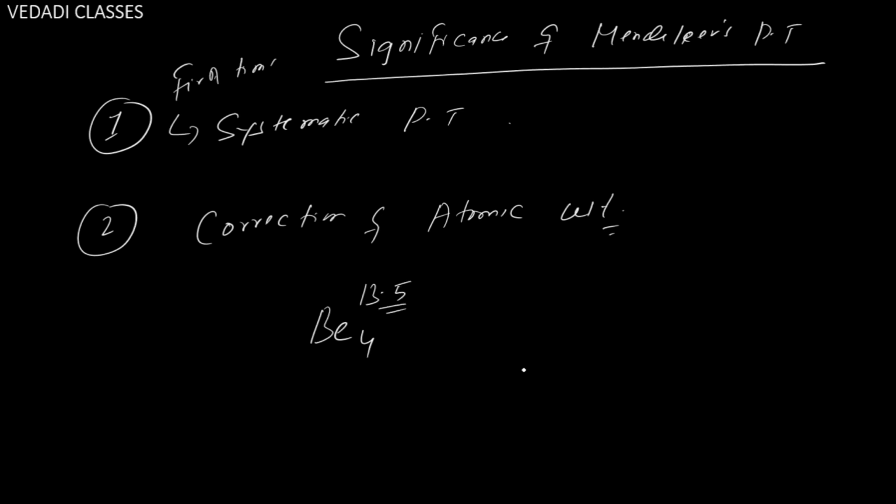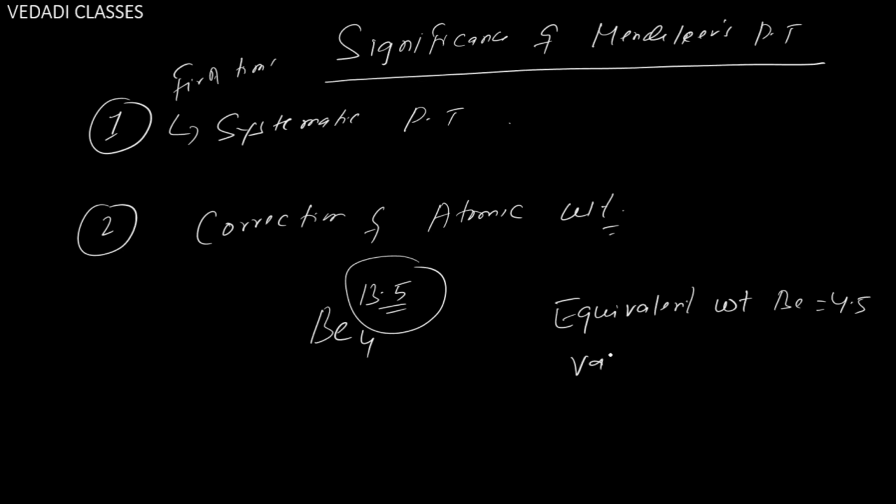But Mendeleev found that this was not correct. He proved it wrong and gave justification in support of this. He found the equivalent weight of beryllium to be 4.5, and the valency of beryllium was 2.